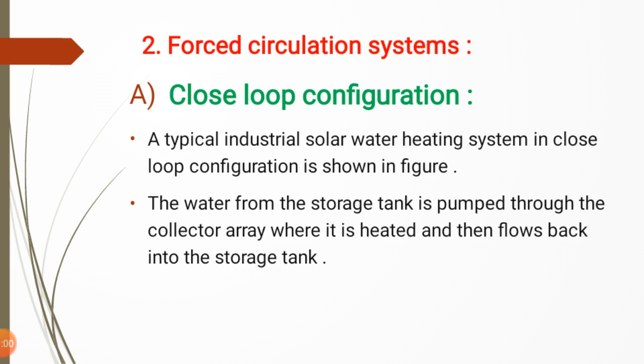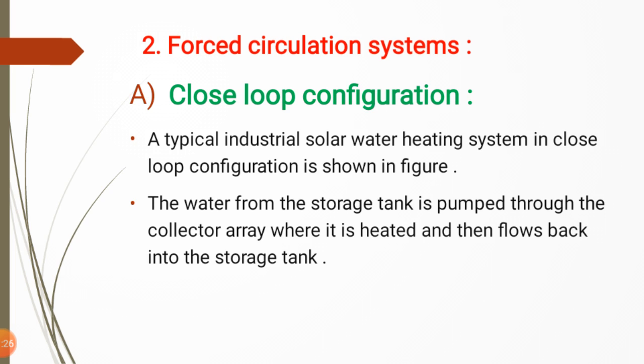In our previous video we covered natural circulation systems, that is the domestic hot water system, and we started the second type, the forced circulation systems, and we introduced two types of forced circulation systems, open loop configuration and closed loop configuration.